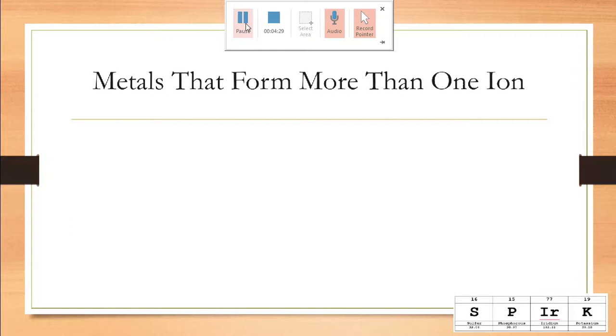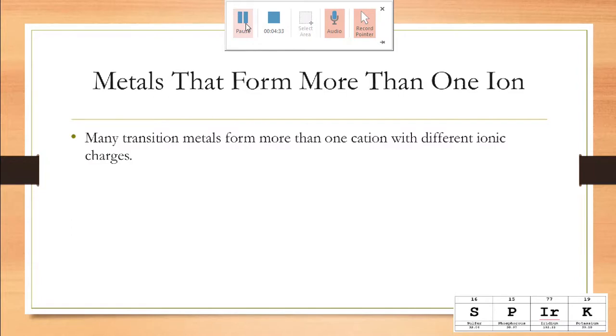Another thing we need to talk about is metals that form more than one ion. Many transition metals form more than one cation with different ionic charges. For example, we have chromium, manganese, iron, cobalt, copper, mercury, tin, and lead. I'm going to be providing you with a list of some common transition metals and the different forms they take, so we'll be adding more ions to our list to study.